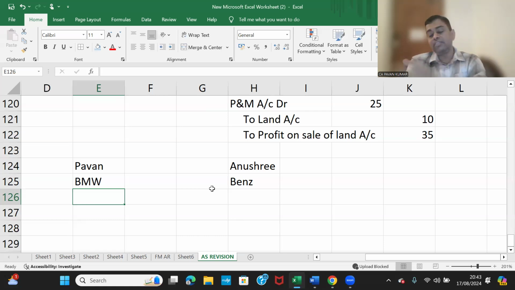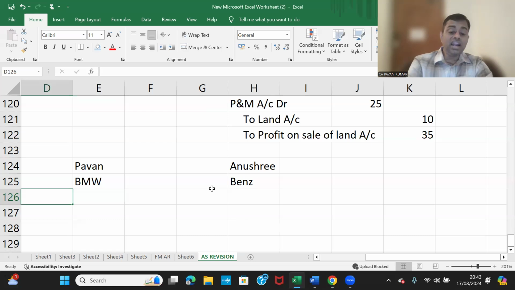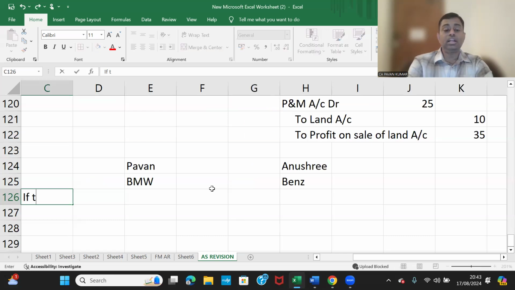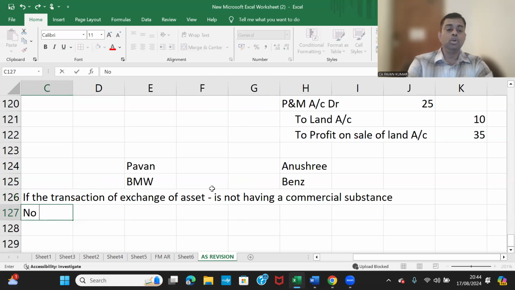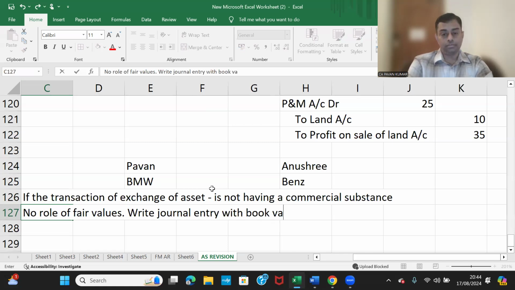The holding company has an asset and gives it to the subsidiary company, so they might not transfer the asset at fair value. So the standard says if the exchange of asset does not have commercial substance, there is no role of fair values. Write the journal entry with book values.